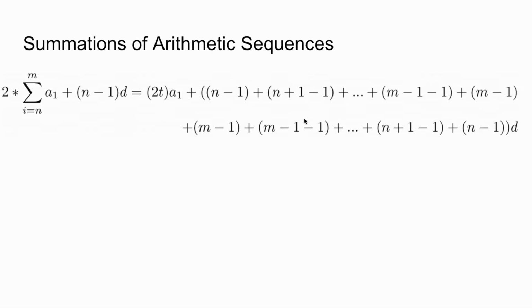And we can also just factor the d out once we take out the a1s. And I'm using t for the number of terms from n to m.